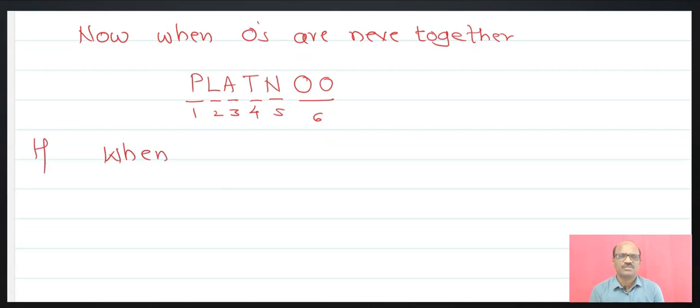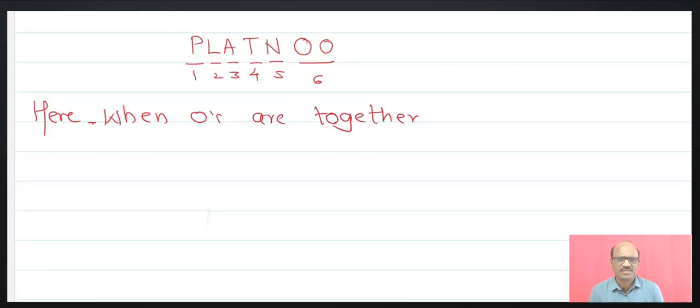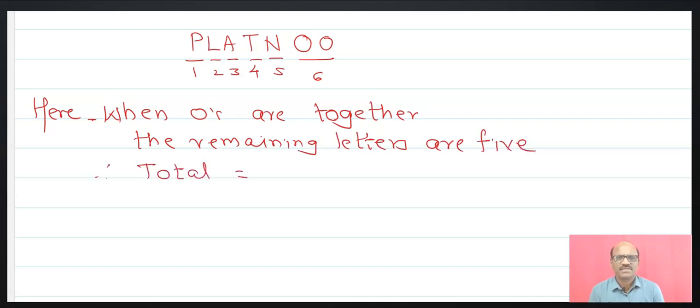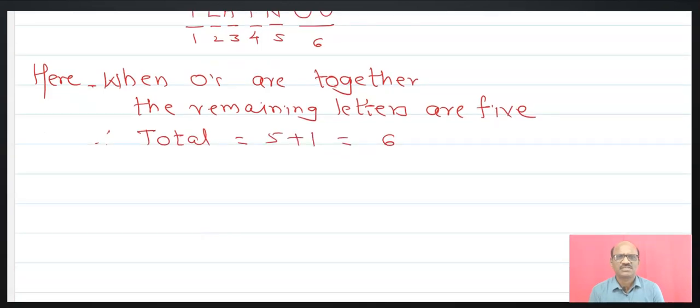That is 1, 2, 3, 4, 5. We solve this example in a different way. When they are together, then we subtract from the above. Therefore, here O's are together, and that is OO. It's treated as 1 unit, and remaining are 5. 5 plus 1, that will be 6. When the O's are together, the remaining letters are the 5. Therefore, the total 5 plus 1, that is equals to 6.